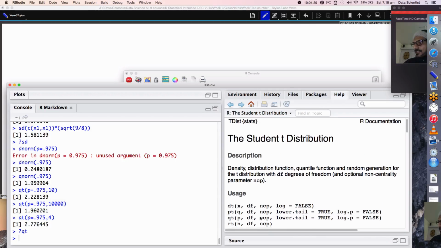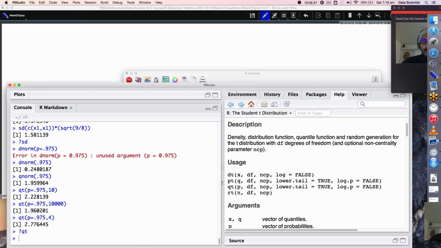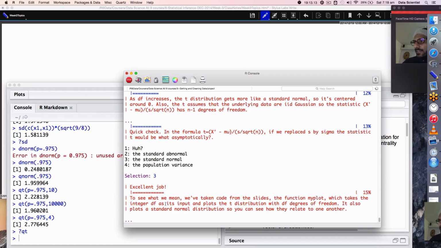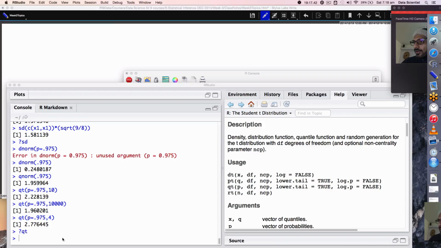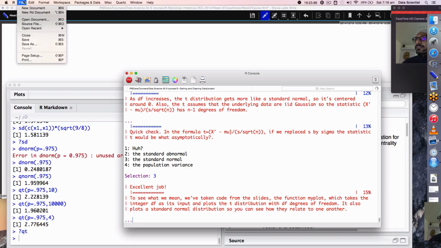We have all these functions, similar, just that norm has been replaced by t now. So coming back to the swirl assignment, or let's try it out here. Let's try to plot these curves in our console itself.